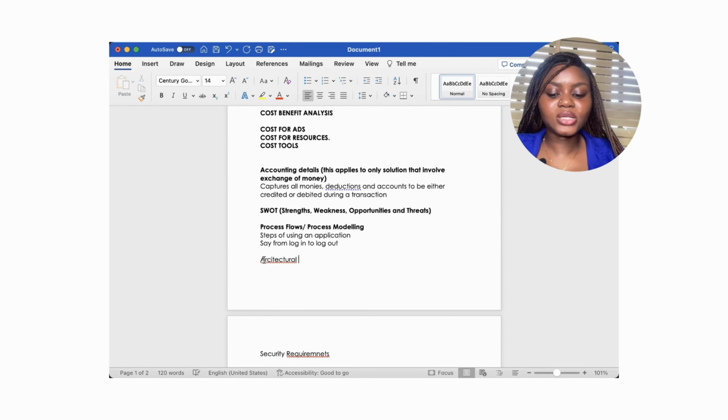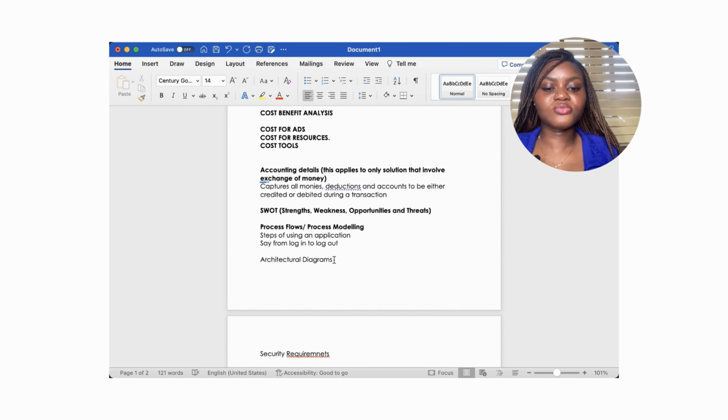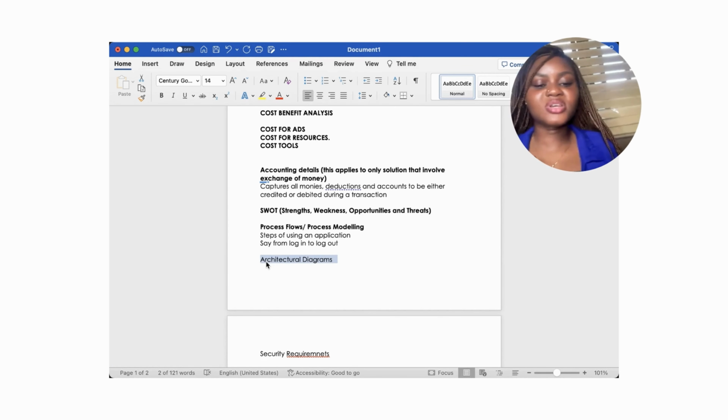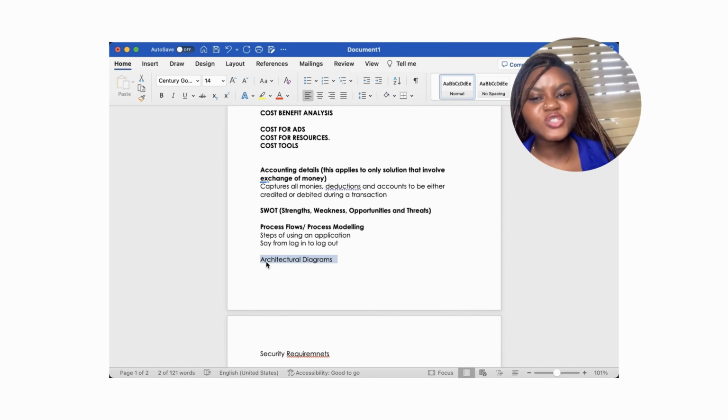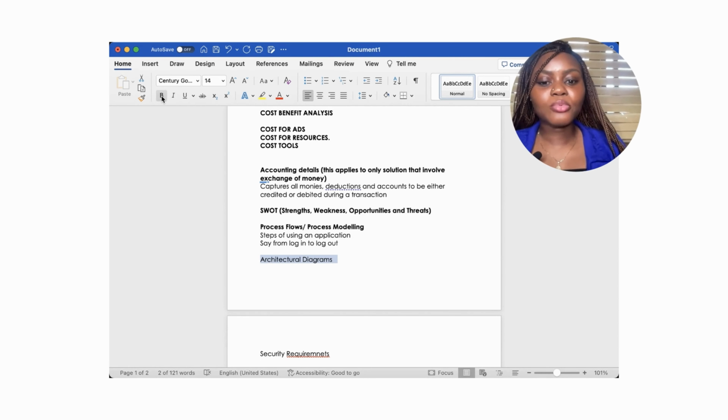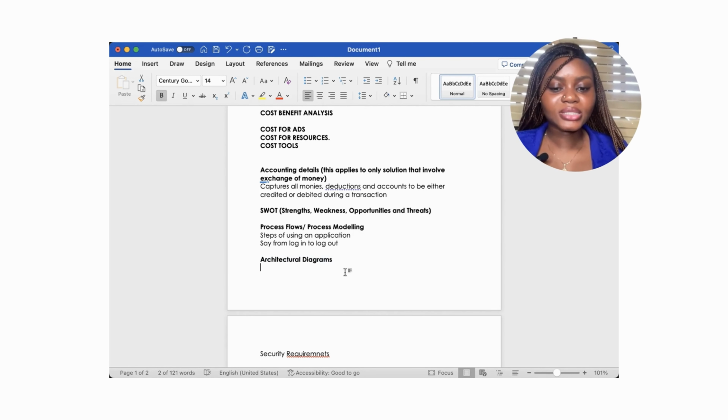So, what are architectural diagrams? Architectural diagrams are very similar to process flows, or process modeling. The only difference is that architectural diagram speaks to what happens in the back end.